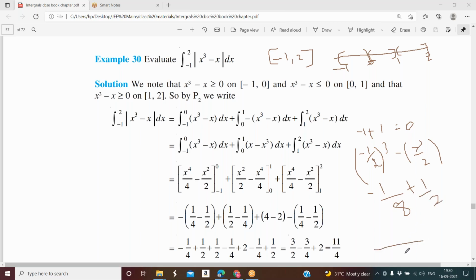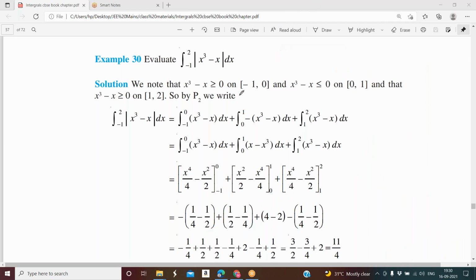The common denominator is 8: minus 1 plus, multiplying the numerator by 4, we get 3 by 8. It's definitely greater than 0, a positive value. So in this interval, this function takes only positive values. For x equal to minus 1, it takes 0. For x equal to minus 1 by 2, it takes 3 by 8. For x equal to 0, the function value is 0.